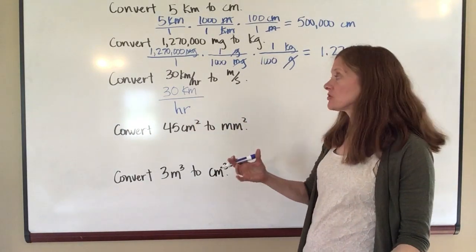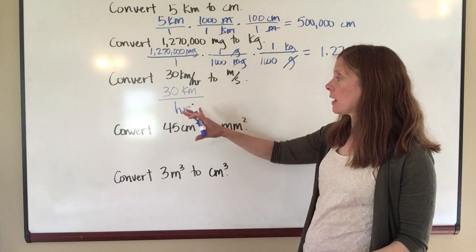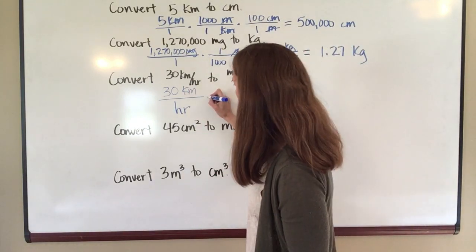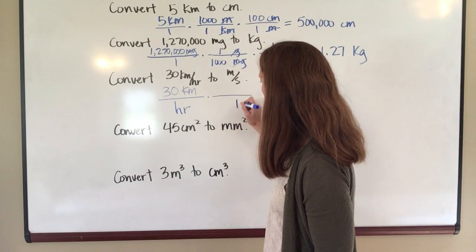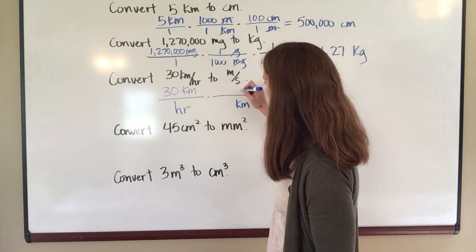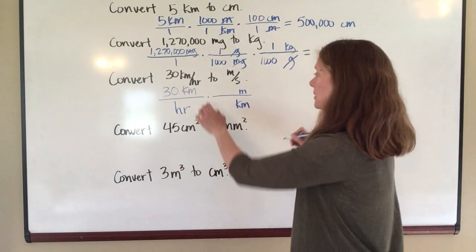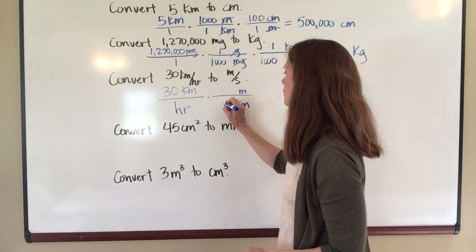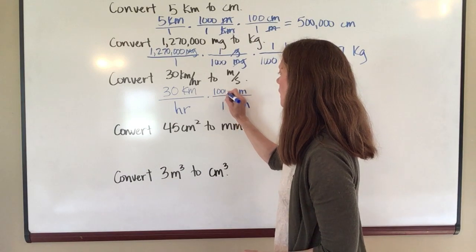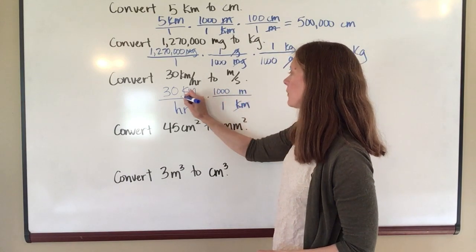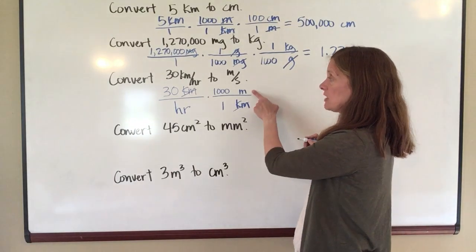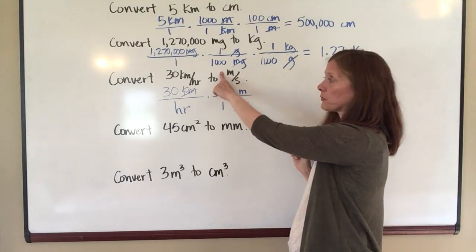So it doesn't really matter whether I start with kilometers or whether I start with hours. I think I'm going to start with kilometers, and I'm trying to get from kilometers to meters, and I do know how many meters there are in a kilometer. I know that in 1 kilometer there are 1,000 meters, so I can mark out the kilometers, and that's going to leave me with meters on the top, which is what I'm looking for.